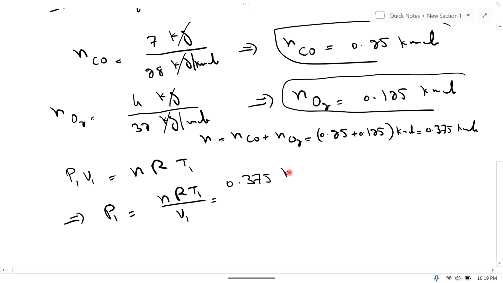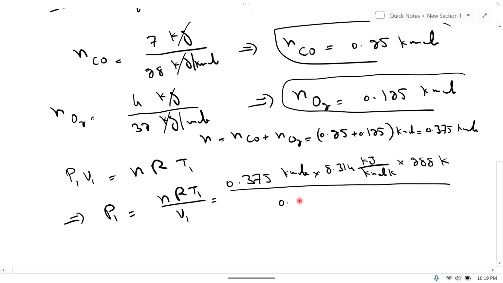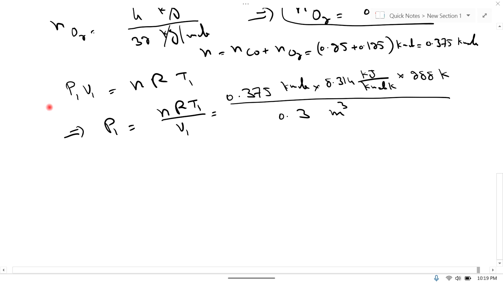R is the universal constant, equal to 8.314 kilojoule per kilomole per Kelvin, and T1 is equal to 288 Kelvin, which is given. V1 is equal to 0.3 cubic meter, the volume of the vessel.